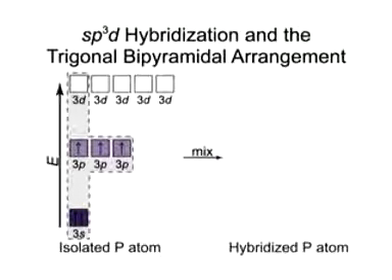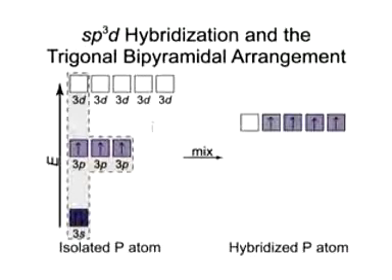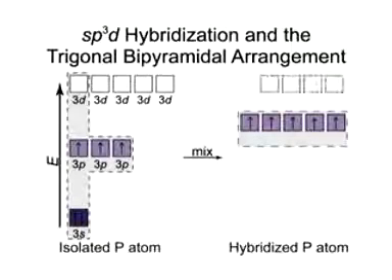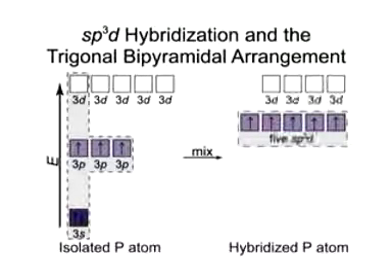In PCl5, the 3s, all the 3p's, and one of the five 3d orbitals mix to form five half-filled sp3d hybrid orbitals. The other four 3d orbitals remain empty and unhybridized.